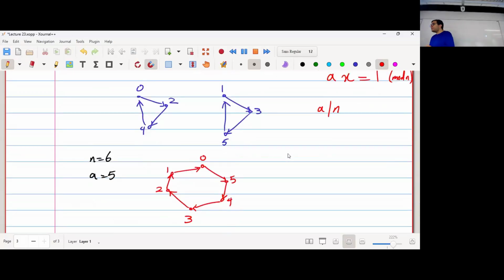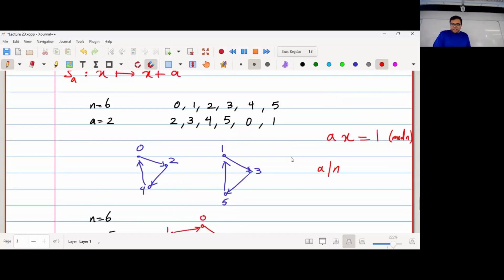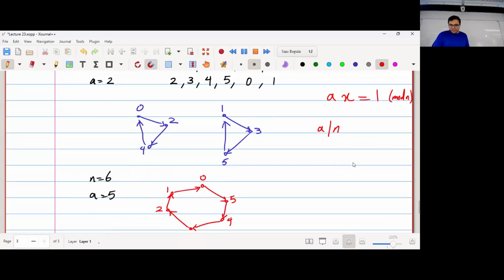Yes. So we have to look at the GCD of a and n. If the greatest common divisor of a and n is d, so let's say GCD of a and n is d, then I claim that the number of cycles is going to be d.